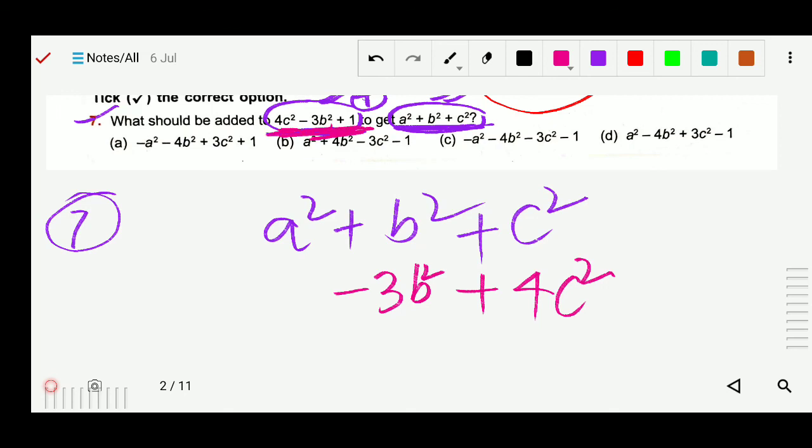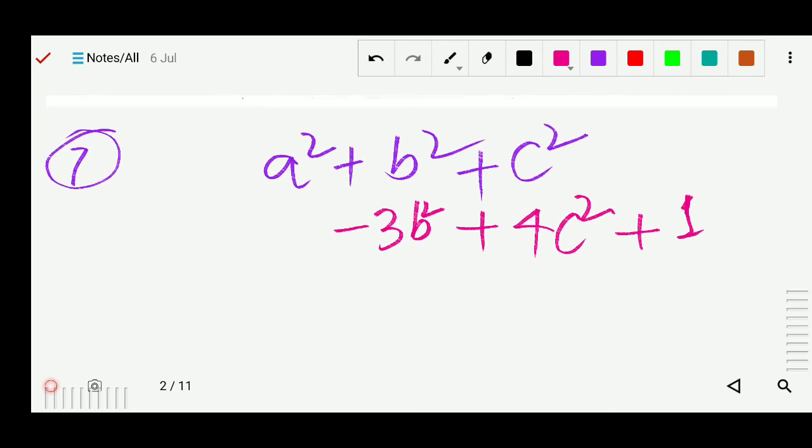In this term there is no a square, so I will just keep it blank, no problem, just leave it. Now there is a 1, so I will write 1 just below the blank place. Because if a similar term is not available in the minuend part, we write the term below the blank place, and if it is not available in the subtrahend, we write the above term in the same way. So now it is arranged.